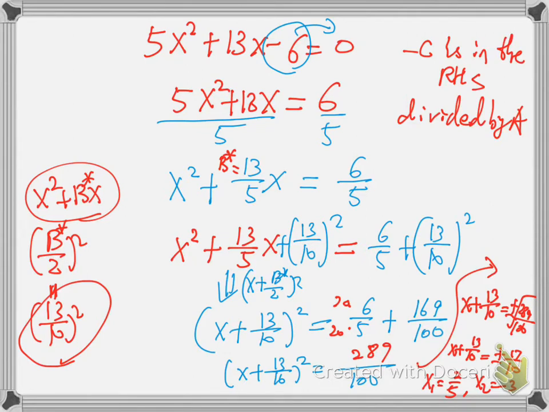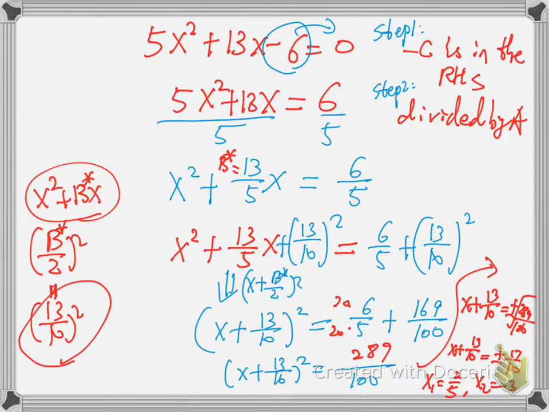Okay, so let's repeat. What are the steps for the completing the square method? Step 1: move c to the right hand side, so you have -c on the right hand side. And then divide by a is step 2, to make sure you have x squared, not ax squared.